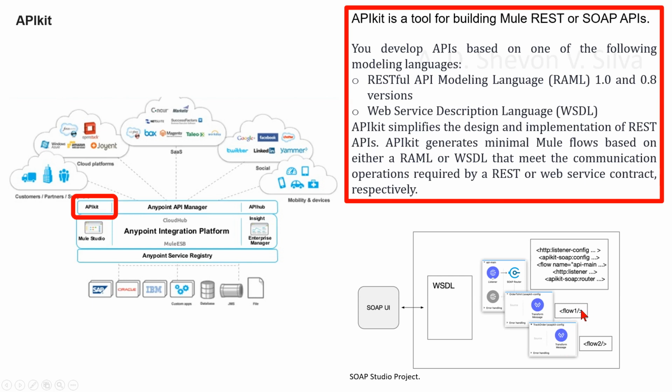This is flow 1 and this is flow 2, and here you can see HTTP listener config, APIkit SOAP config, and flow name API main, etc.